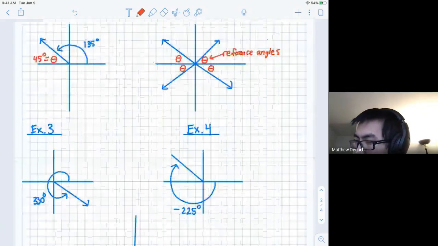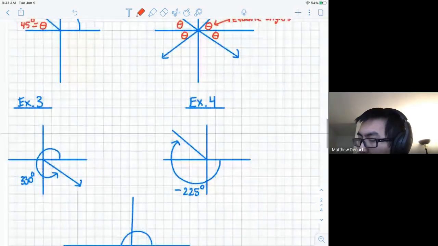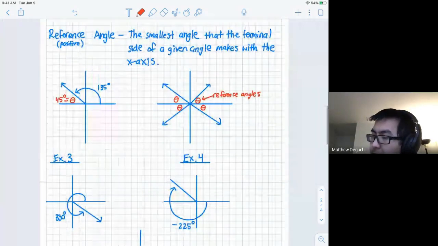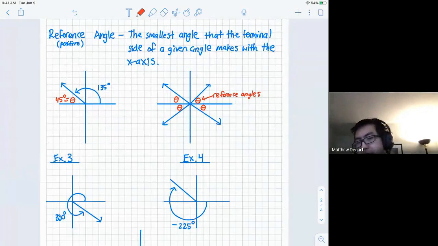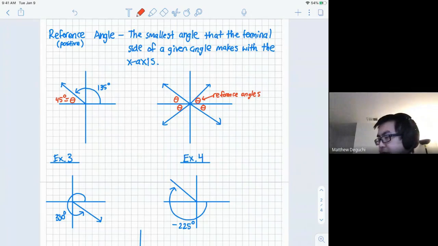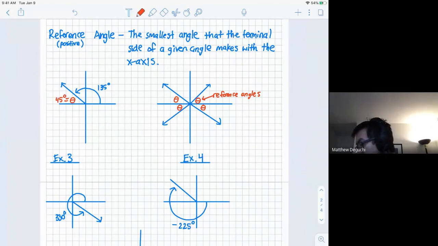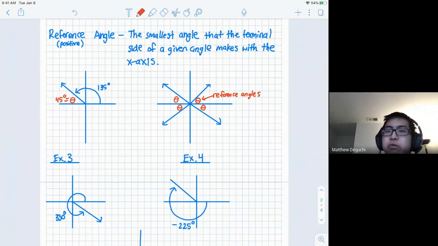All right, so look at example 3 and example 4. Use your notes or the notes from above, and I will give you 2 minutes. Try to find the reference angle for both example 3 and example 4. Remember, reference angles are positive angles. Two minutes, find example 3 and example 4's reference angles.